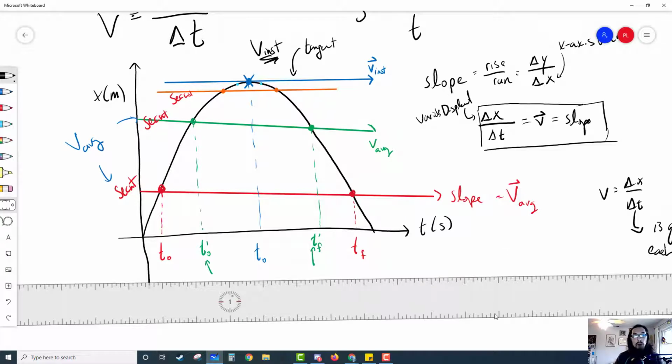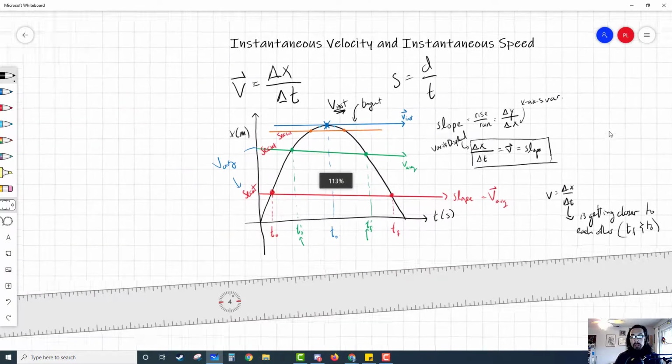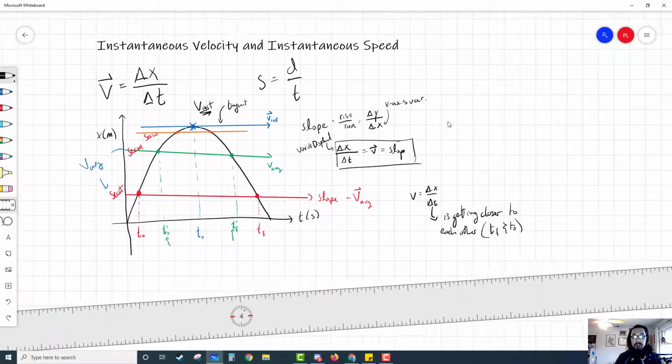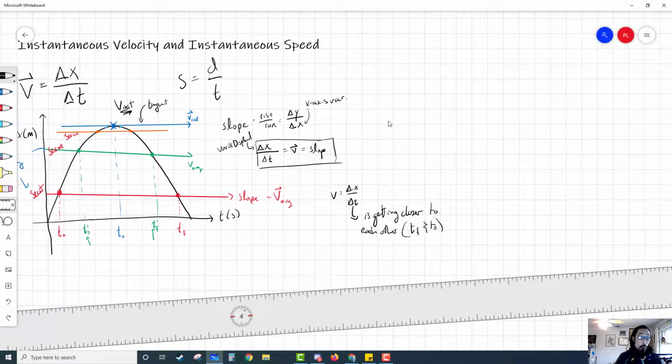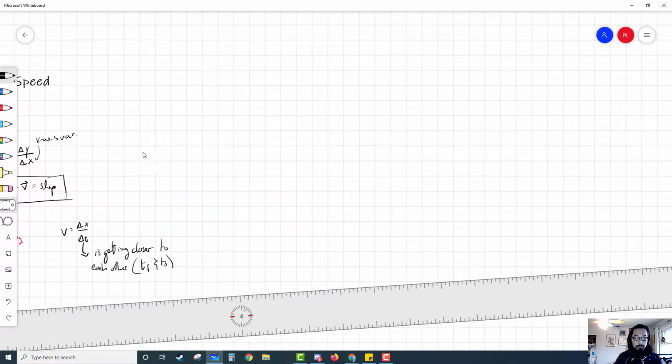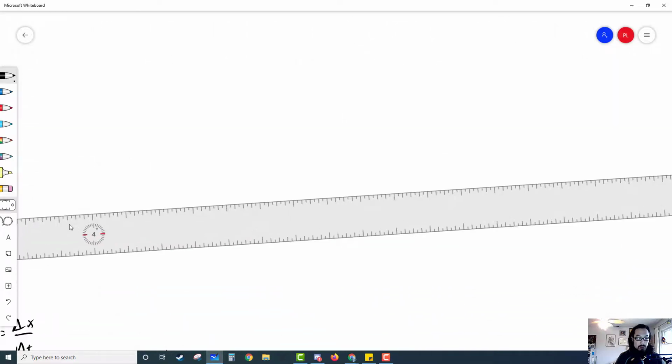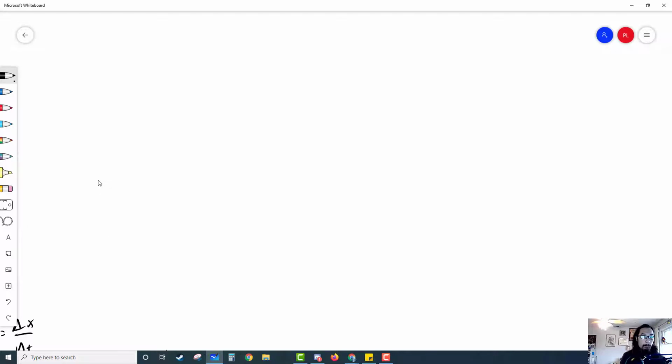Okay? All right. Now, the reason why I wanted to go through all that to start off is because it actually helps us come up with the definition or the equation of instantaneous velocity. So I'm going to show you the calculus of it first. There we go.